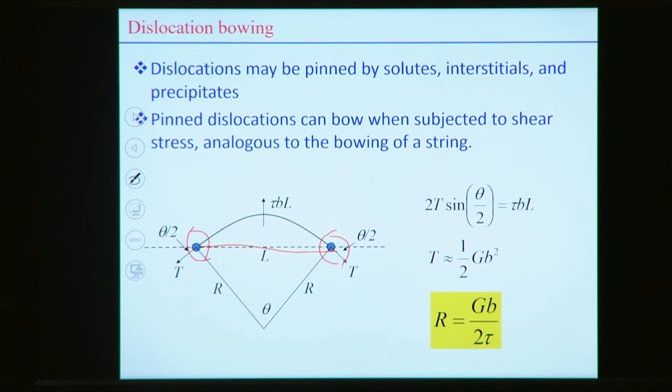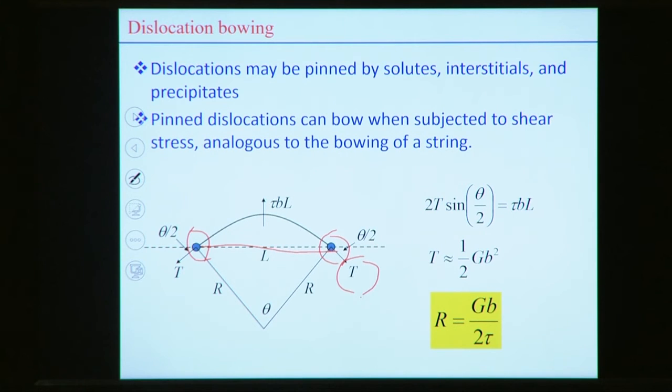Now we try to mathematically express the amount of energy associated with this. For example, if you consider the force T at the pin end, making the angle theta, the radial distance r is defined, and the length of the dislocation segment is L. It is subjected to a force, that is shear stress times b, where b is the Burgers vector, and L is the length of the dislocation.